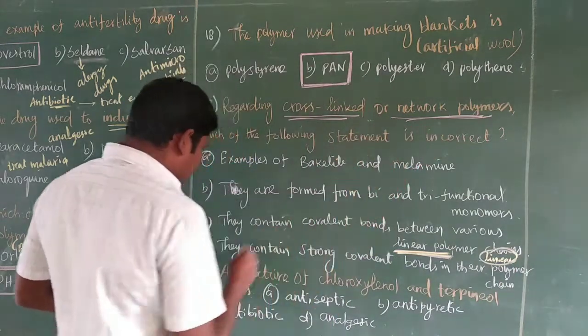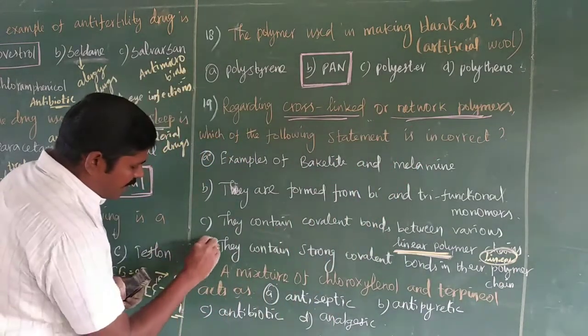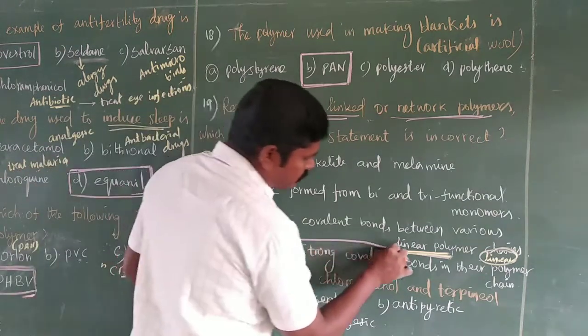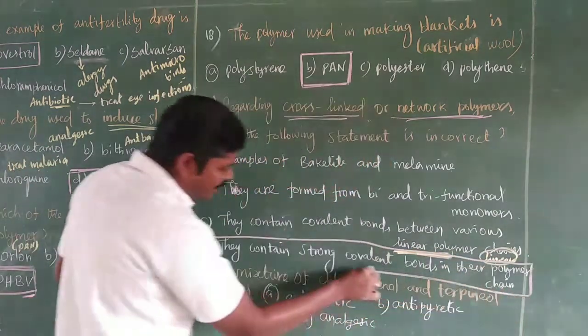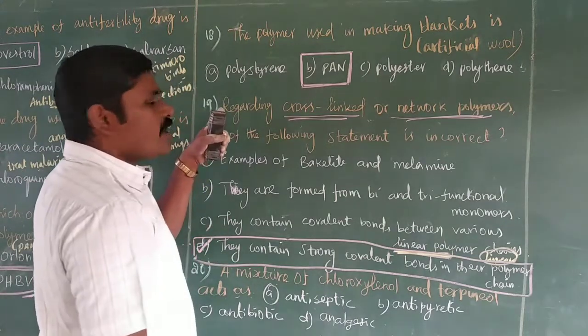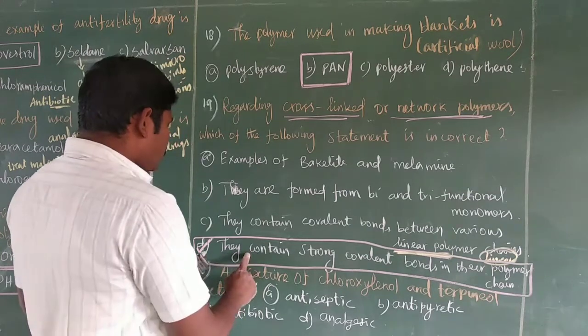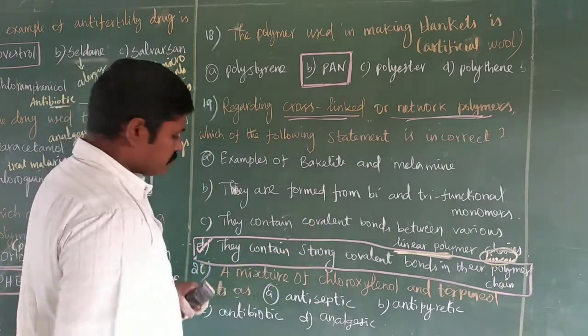So the incorrect statement is option D. Option D is an incorrect statement. Okay, so the incorrect option is option D.